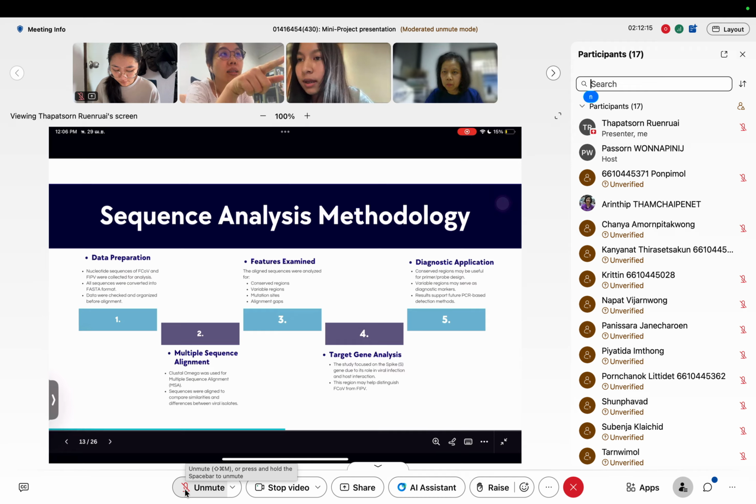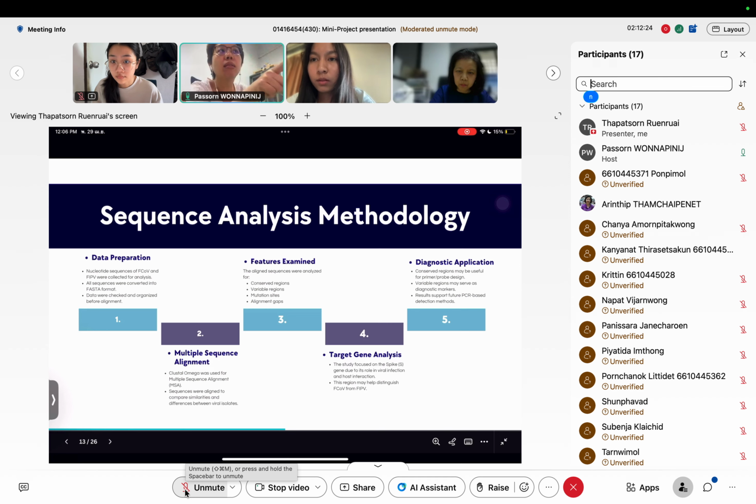No target gene analysis and diagnostic, I'm not done. Okay, so you basically take a look at the alignment on the web page, and then you apply that alignment for primer design, am I correct? Yeah. And then that is all the analysis you have done, right? Yes. So there is no phylogenetic analysis and stuff.